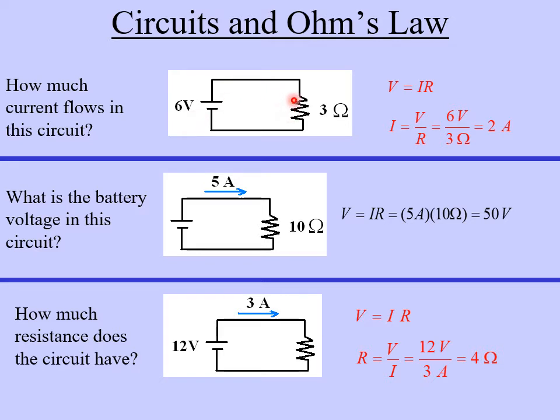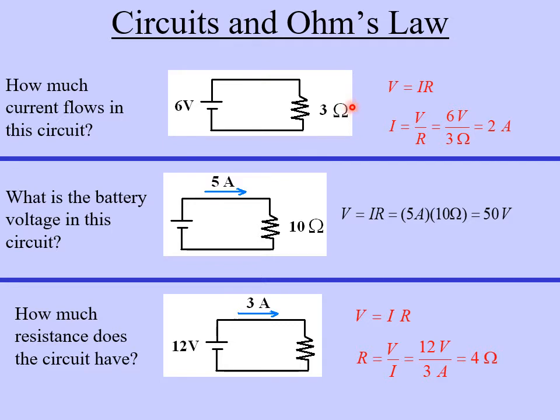Over here, we know that this is a resistance, and we're given that the resistance is 3 ohms. So the question is, how much current flows? Well, we know that the current flows in this direction, clockwise, because remember, it flows from the positive terminal, which is the long line, around through to the negative terminal, which is the short line.